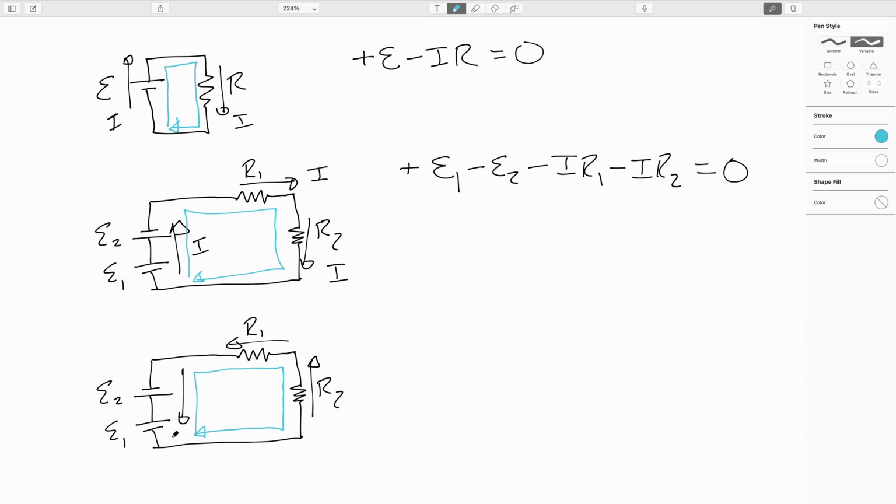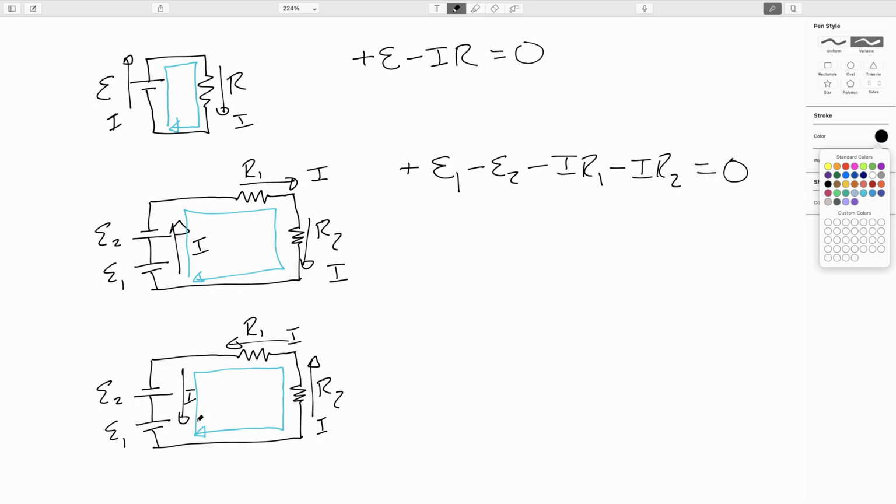Alrighty, so what do we get? Well, again, the direction of the current through the battery doesn't matter as far as assigning voltages go. Just the terminal that you're leaving.